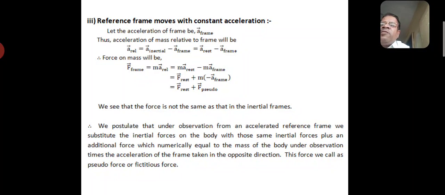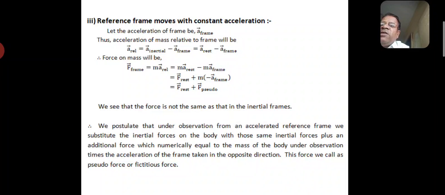Observe here carefully. In the above expression, a relative equals a rest, the acceleration when the frame is at rest, minus a frame, the acceleration when the frame is moving. Now m a relative equals mass into rest acceleration minus mass into frame acceleration, that is F rest plus m into minus a frame, that is F rest plus F pseudo.